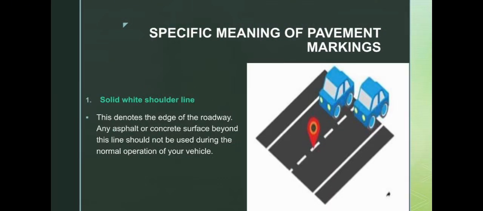A specific meaning of pavement markings: solid white shoulder line. This denotes the edge of the roadway. Any asphalt or concrete surface beyond this line should not be used during the normal operation of your vehicle.